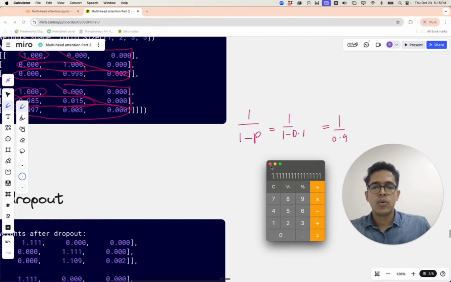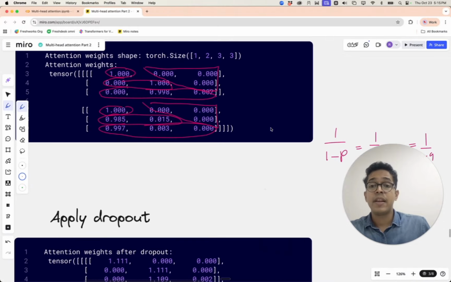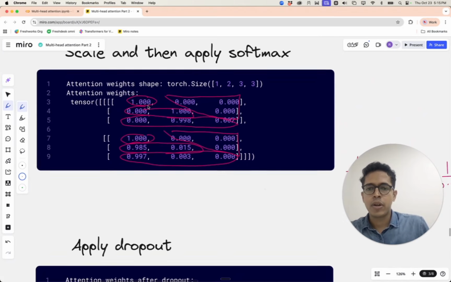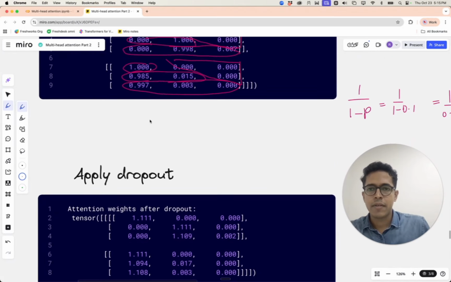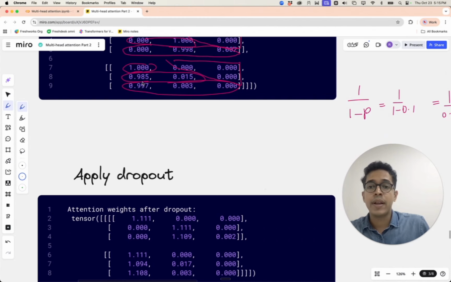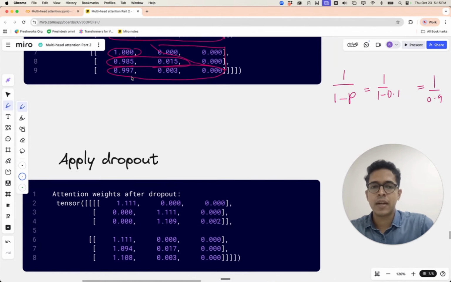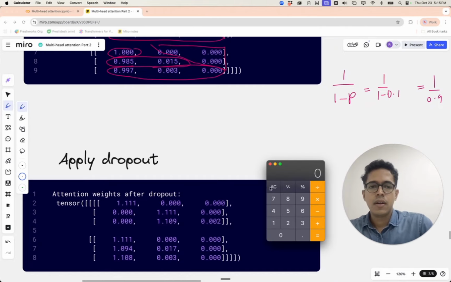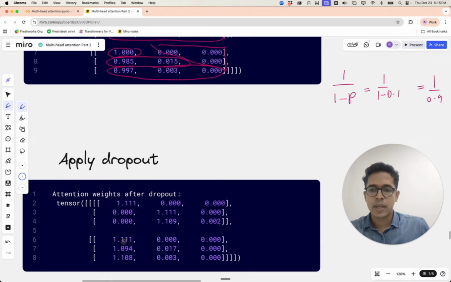Yeah. So every remaining number will be scaled by this 1.11. So this 1 will become 1.11, and 0.985 will become 0.985 multiplied by 1.11111. This is 1.0944. It is indeed 1.0944. So this is how dropout works.